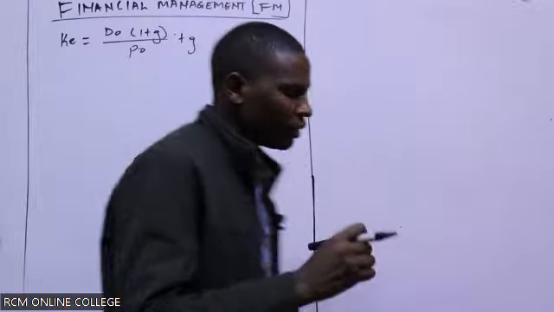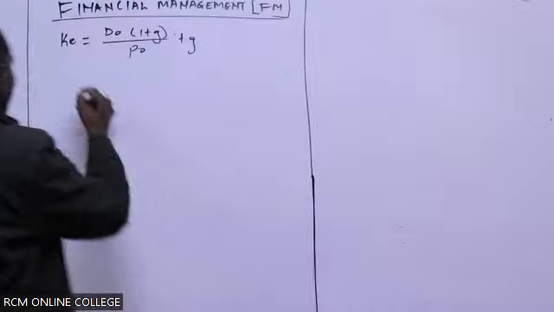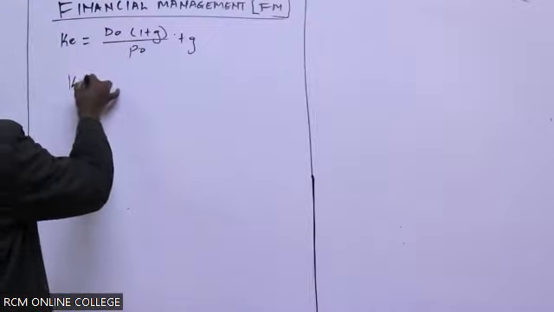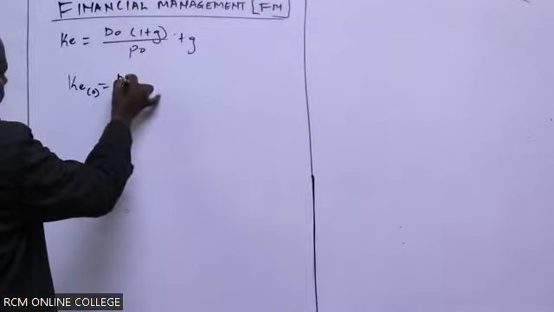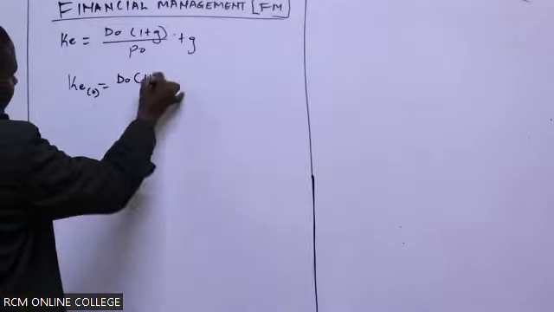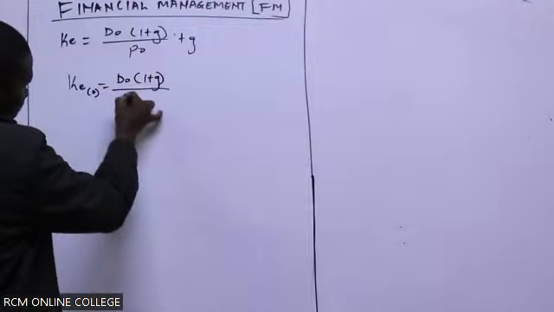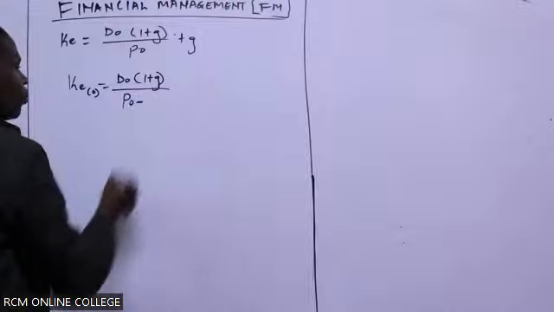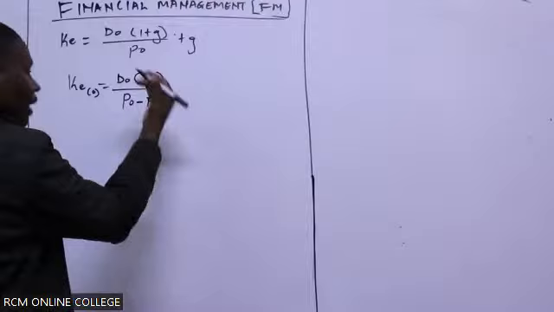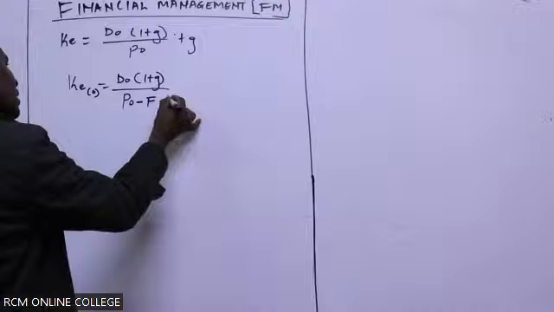Now when we go to the KE of ordinary share where we are issuing new shares, it will be D0(1 + g) divided by P0. Then we have to incur some cost here, issue cost, flotation. We have to give some discount.